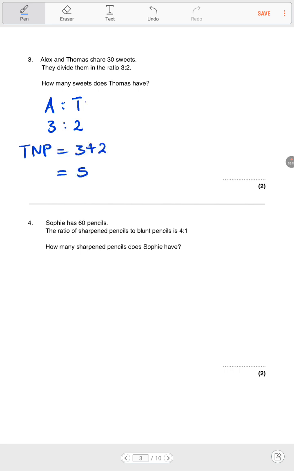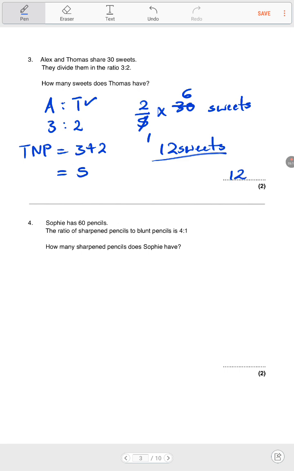We know that Thomas is getting 2, so it's 2 over 5 of 30 sweets. 5 into 30, that's 6. 2 times 6, you get 12. So it's 12 sweets for Thomas. So here you just write 12.